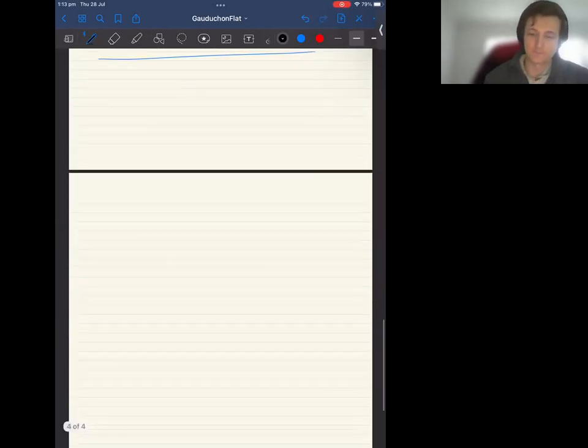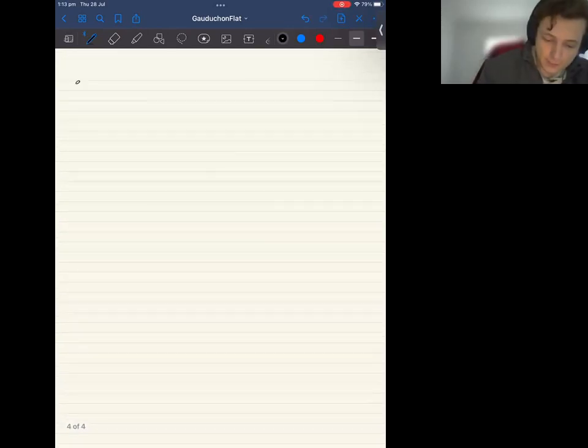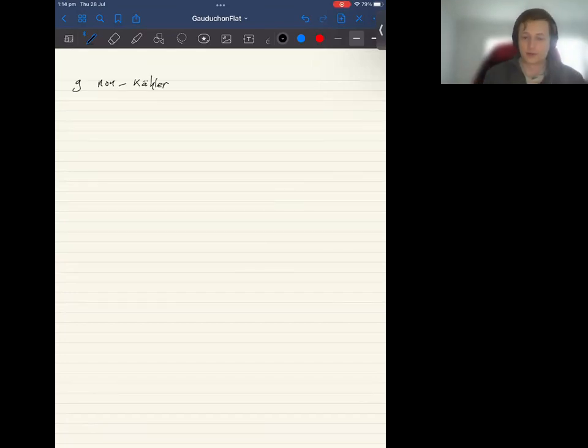Okay. Might as well start a new page. So my point is that Kähler geometry is beautiful, but we really need to broaden our scope to consider other geometries, right? So if g is non-Kähler, we need to consider better connections, right?